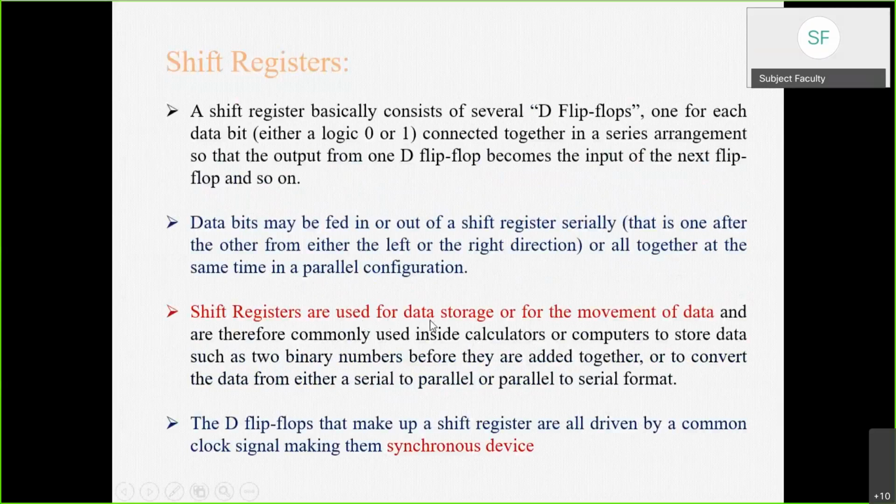All right. So these are a few points regarding shift register. Shift registers are used for data storage or for the movement of data. It is an important point. Then again, one important thing: unlike a counter, where we have seen the output of one flip-flop given as a clock signal to the next flip-flop, so the clocks were not applied simultaneously in case of counter.